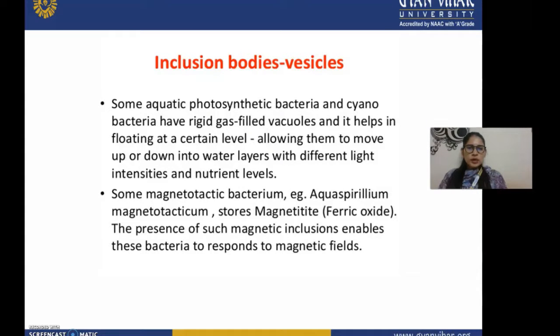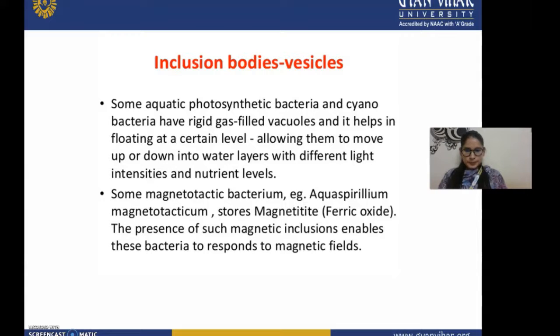Now, inclusion bodies, vesicles. Some photosynthetic bacteria and cyanobacteria have rigid gas-filled vacuoles, and they help in floating at a certain level, allowing them to move up or down into the water layers with different light intensities and nutrient levels.